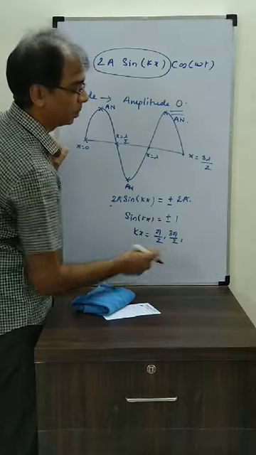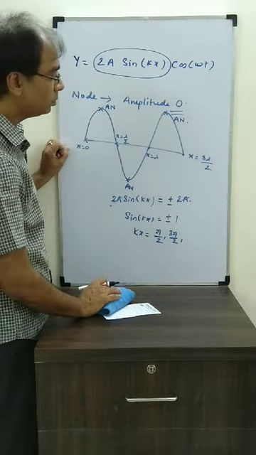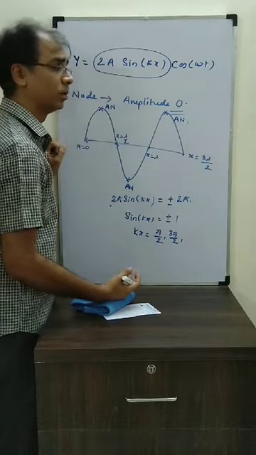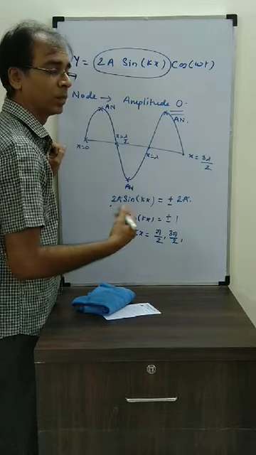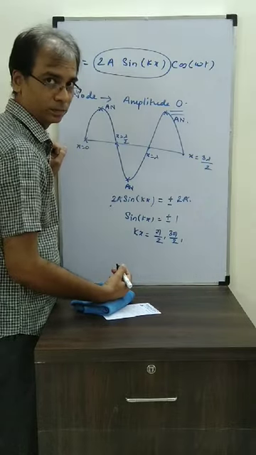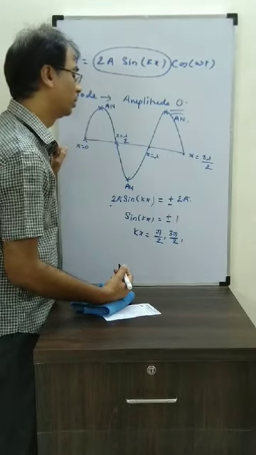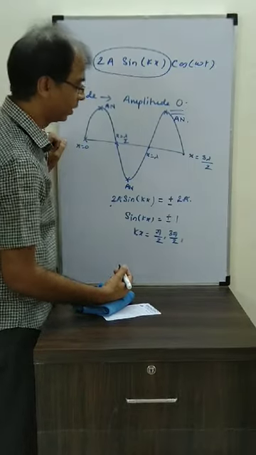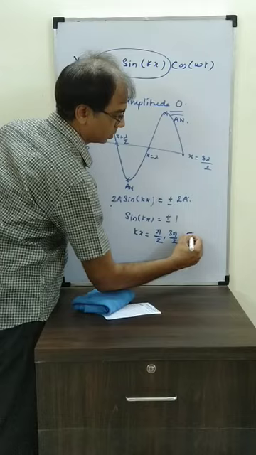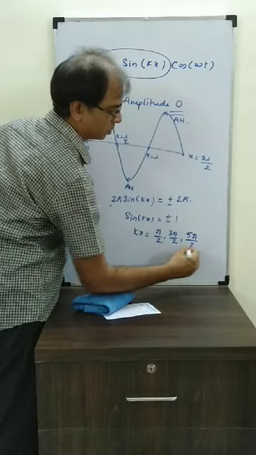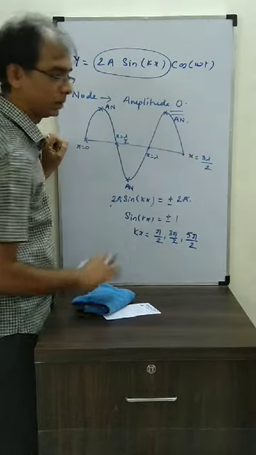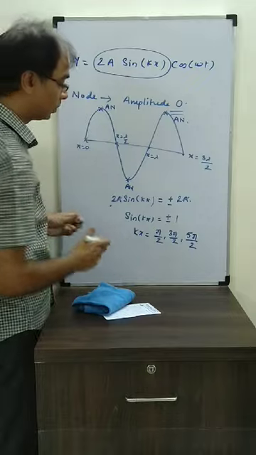Then after 3 pi by 2, again it will be pi plus pi by 2, so 2 pi plus pi by 2, which we can say is 5 pi by 2. Okay, and likewise. So let's see what their positions are then.